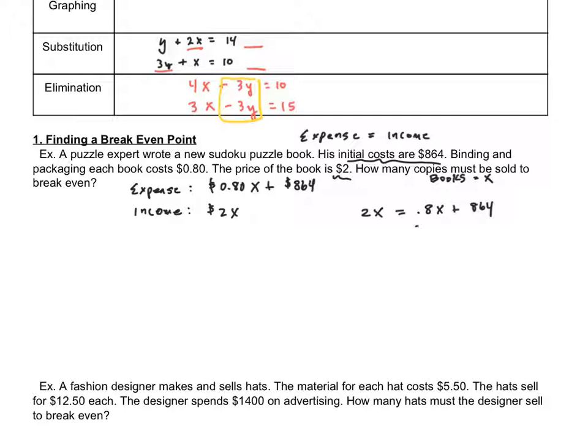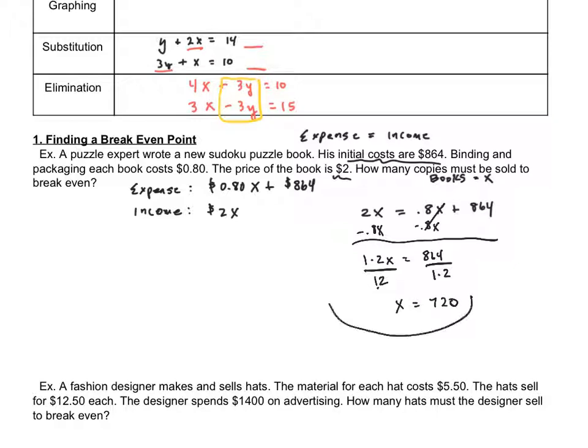Let's subtract 0.8x from both sides, and we get 1.2x equals 864. Then we isolate the variable by dividing both sides by the coefficient, and x is going to be 720.